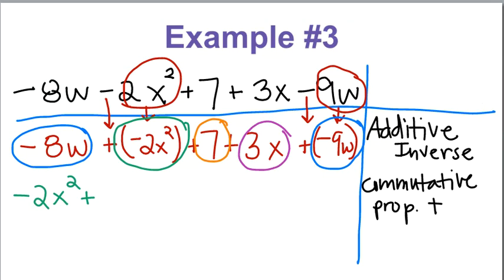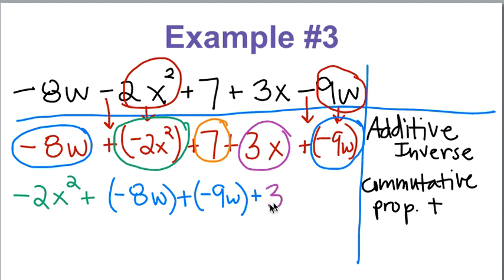So alphabetically, W comes first. So I have negative 8W plus negative 9W. Then I've got my 3x, and then my 7.